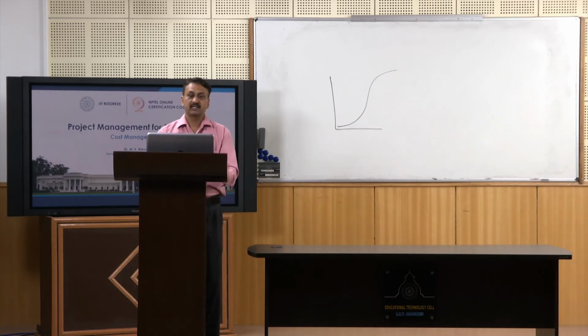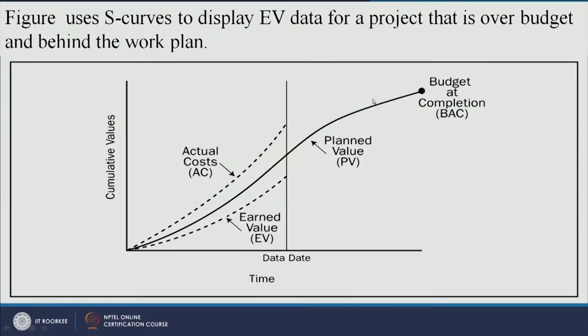So, let us look at this particular slide. This is the planned value of a project and this is the budget at completion, the total budget of the project. Let us say in a project you have incurred this much actual cost, so at a particular date you have spent this much cost, and earned value is only this much, but planned value is this much.